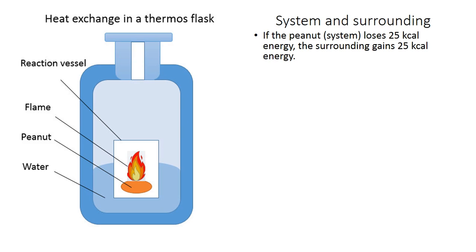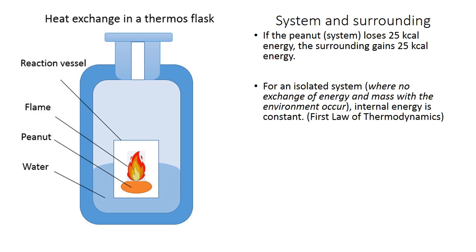If it is lost in one system, it should be gained by another system. A thermos flask, there is no energy going in, no energy coming out. So we can call it an isolated system.